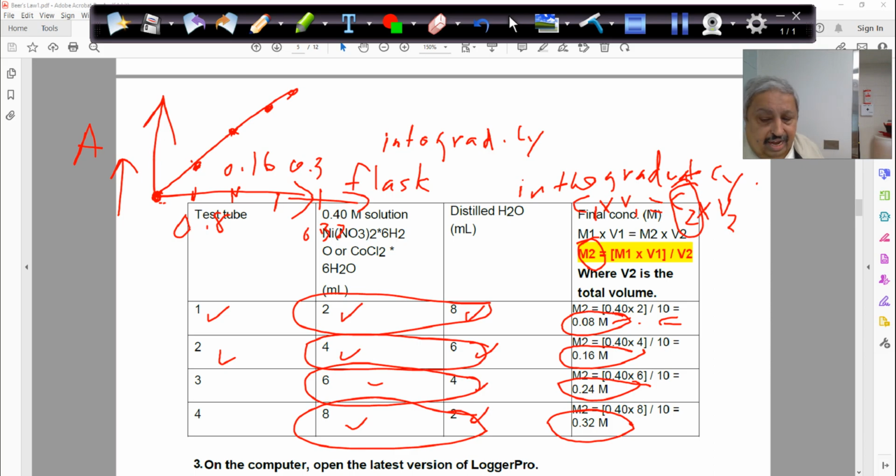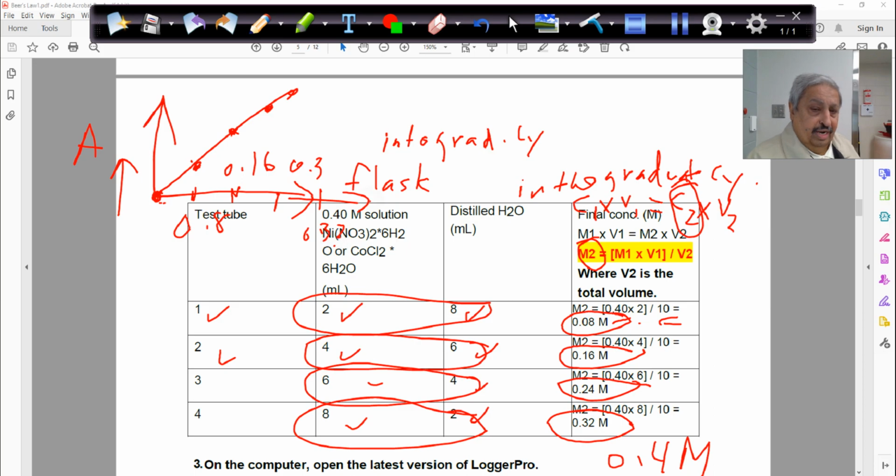Now you will have the stock solution itself, the stock solution without dilution. Remember, you took 7.3 grams and dissolved it up to 100 mL of distilled H2O, so the 0.4 molar will come.